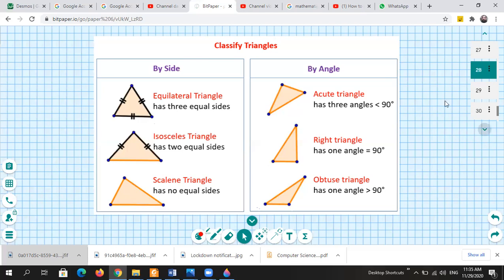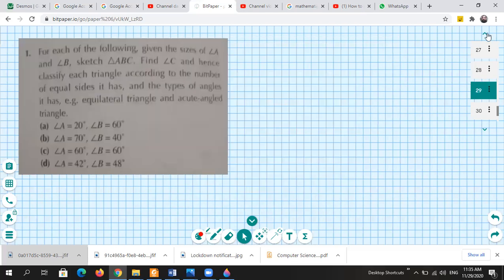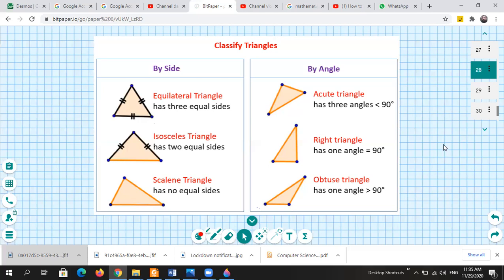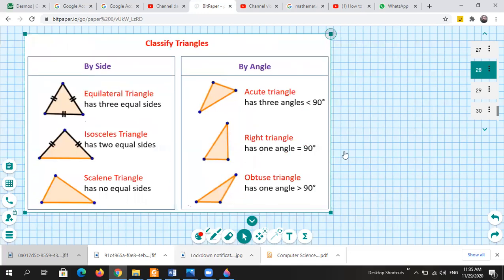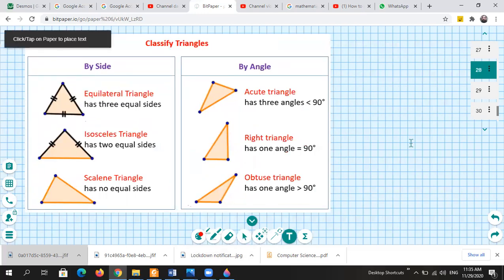All right. Another concept is sum of all the angles. I'm writing here, sum of all the angles of a triangle is 180 degrees.